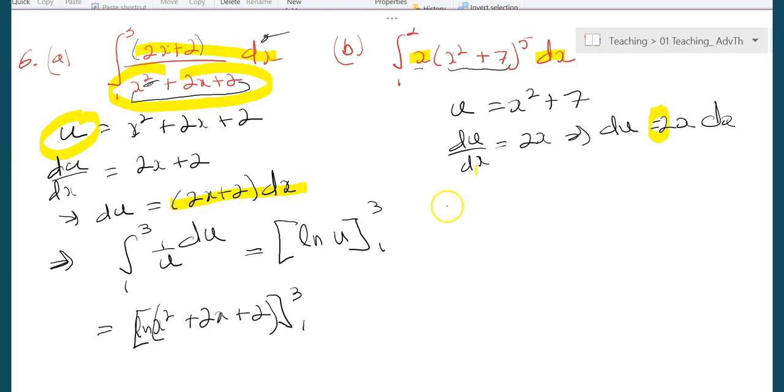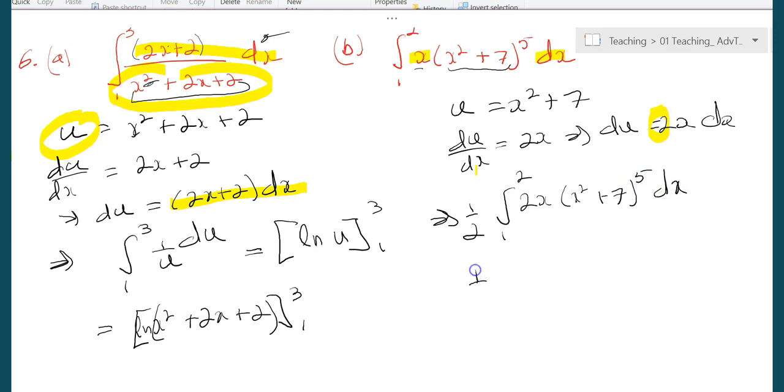We can insert 2 in here by multiplying and dividing our integrand by 2. Applying this trick, our integrand essentially becomes the integral from 1 to 2, and I'm going to insert 2 here: 2x (x^2 + 7)^5 dx.